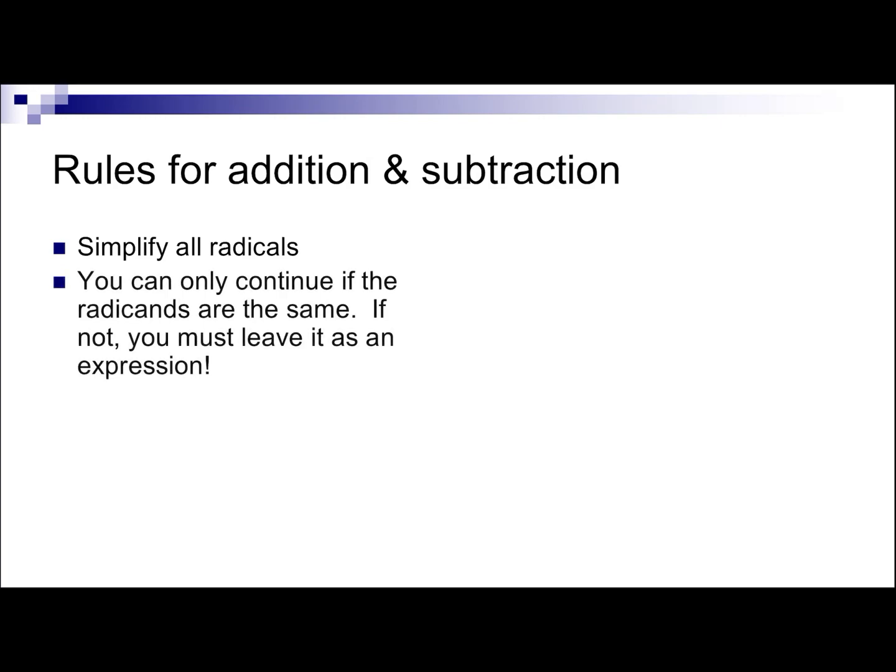At this point, you're only allowed to continue if your radicands are the same. Now, keep in mind what radicands are. Your radicands are the number that's underneath the radical. So up on the top right here, I'm just going to write a radical, and we'll just say radical x. So remember that this is considered the radicand.